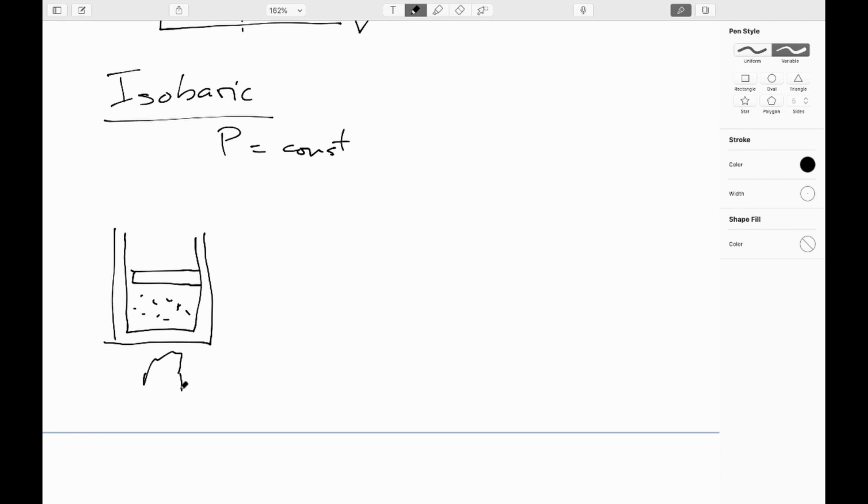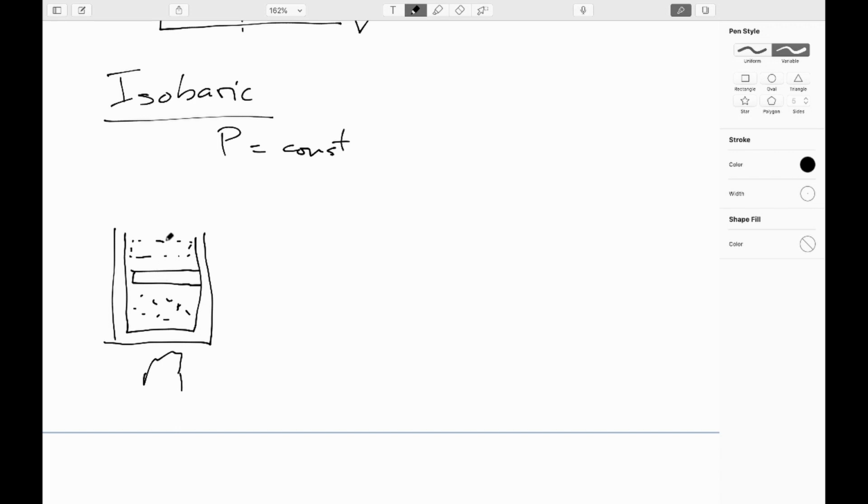Now, if I introduce a flame, we will have an isobaric expansion because the thermal energy of the gas will increase. So it'll increase the pressure of the gas, so it'll want to expand. Well, as it expands, the pressure of the gas will be decreasing, and it's constantly maintaining a constant pressure.